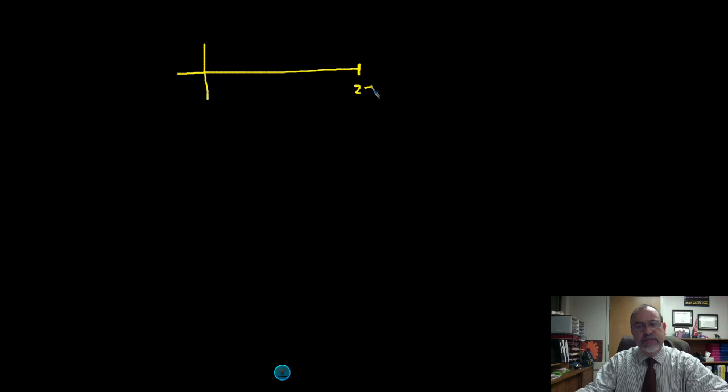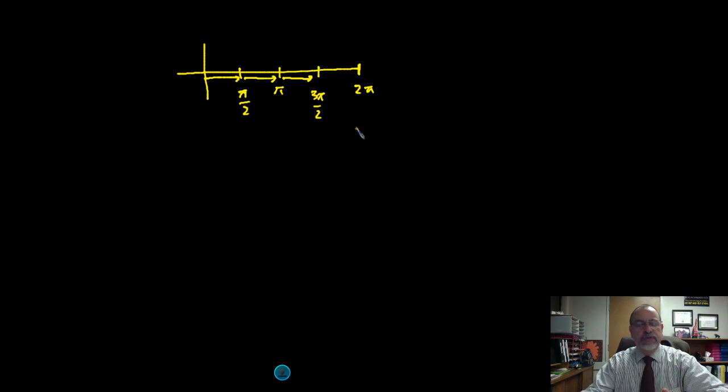If I take this as 2 pi and I divide this in half, 2 pi divided by 2 is pi. And then if I take this one section and I divide it in half, half of pi is pi over 2. And then if I divide this in half, I now have these 4 even sections, and I can label these because I know each section is pi over 2 apart. So this is pi over 2, this is 2 pi over 2, which reduces to pi, this is 3 pi over 2, and then this is 4 pi over 2, which is 2 pi.